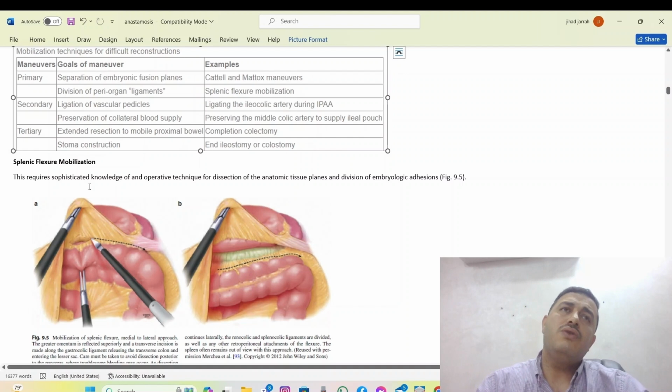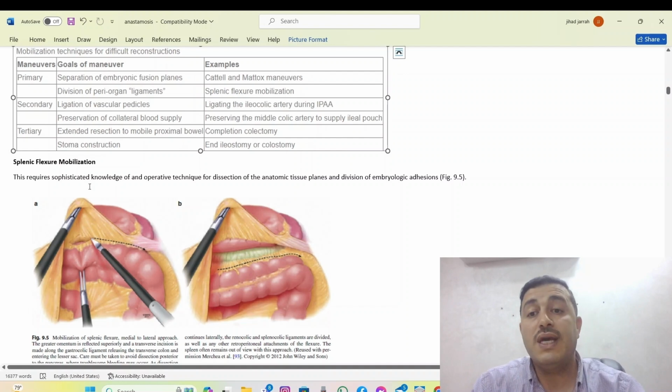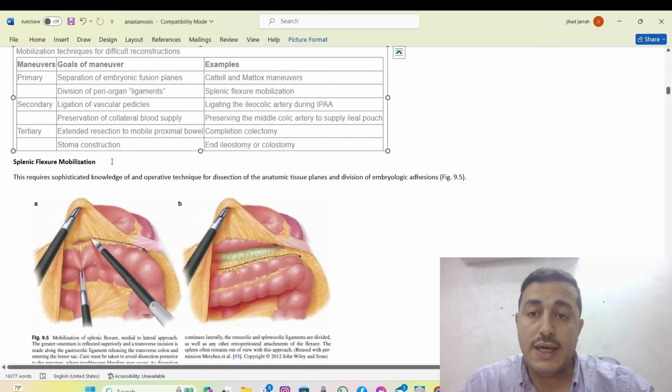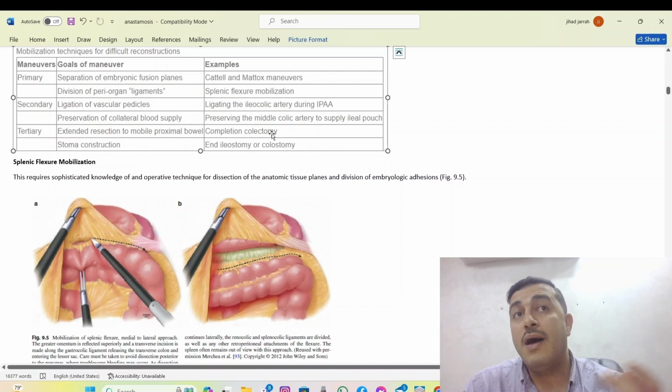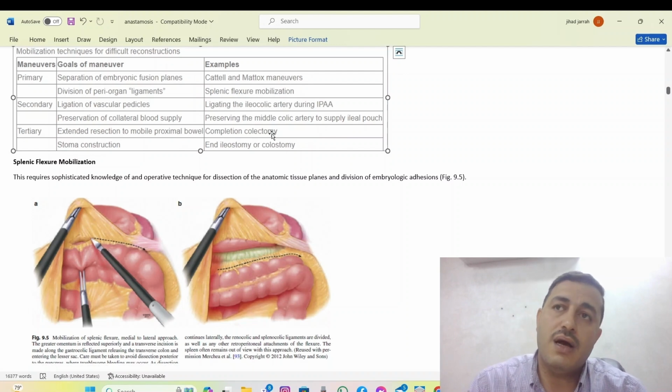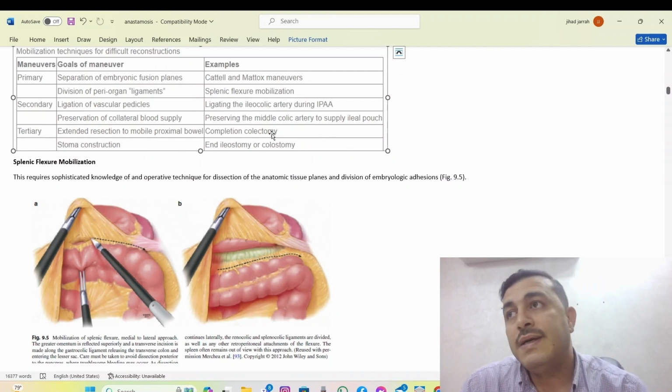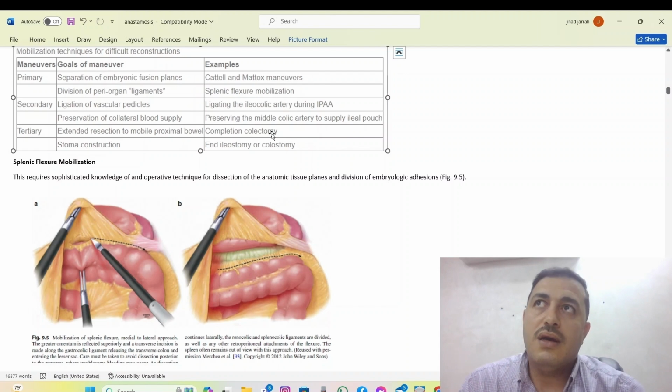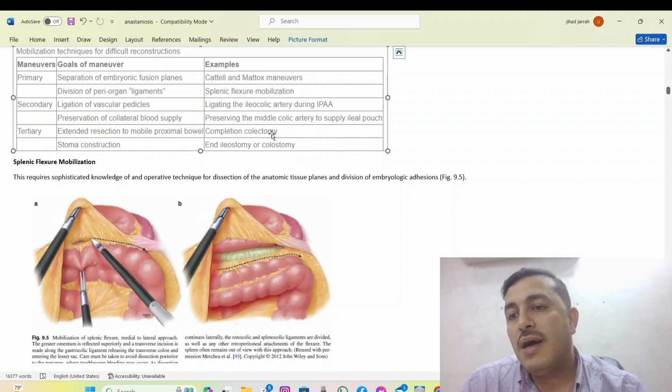And for the tertiary maneuver, if we have no solutions, we can do completion colectomy, and bring the more mobilized small bowel to the anus, for example, or to the rectum, such as an ileorectal pouch.